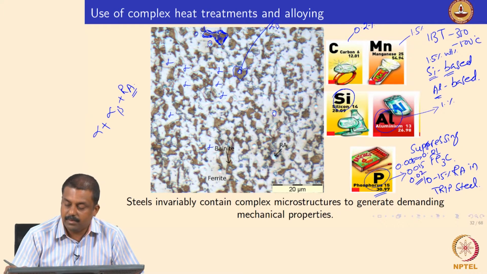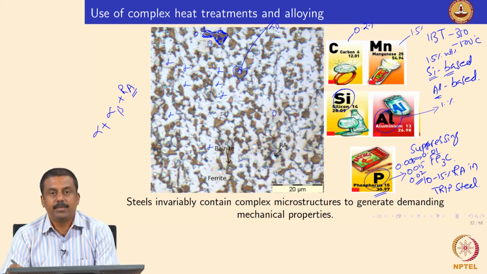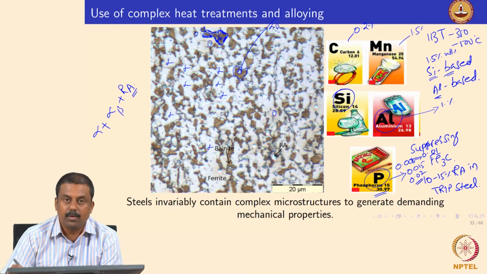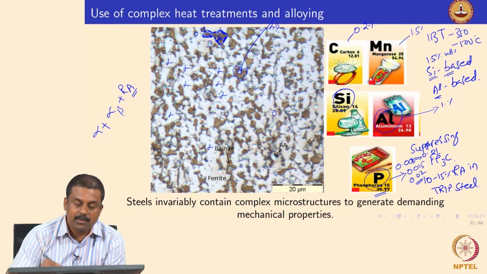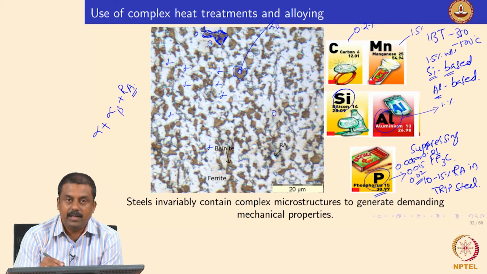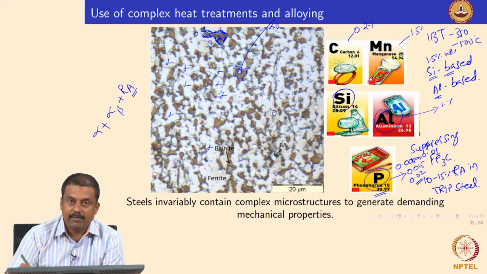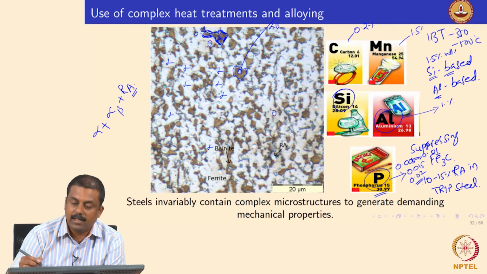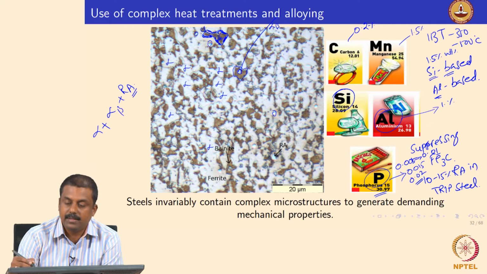That is extremely high phosphorus. Some steel makers explored the use of phosphorus to stabilize retained austenite, but with a compromise to weldability. So these are the common alloying elements in strip steel: carbon, manganese, silicon and/or aluminum, and some amount of phosphorus.